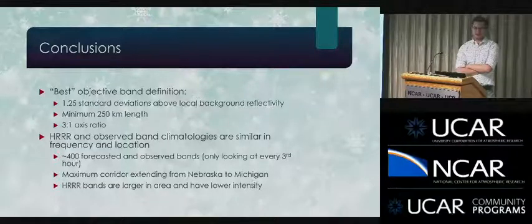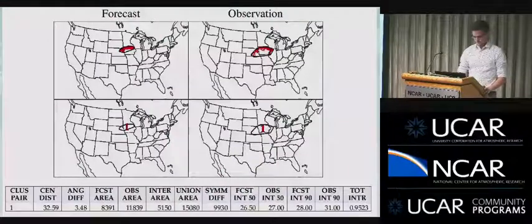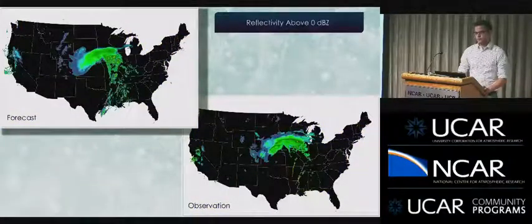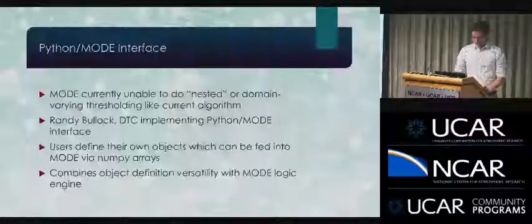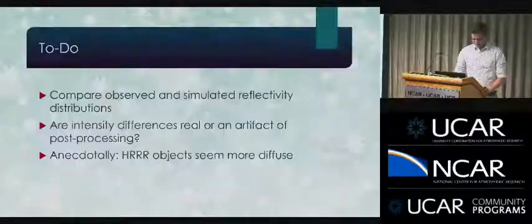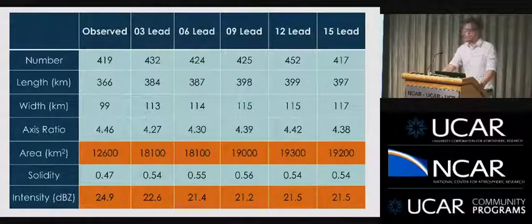Any other questions for Jacob? Yeah. When you listed the object intensity threshold, those were like the object definition thresholds? When you said that, like in the HER, it was 25 dBZ or something versus 22 or 21.